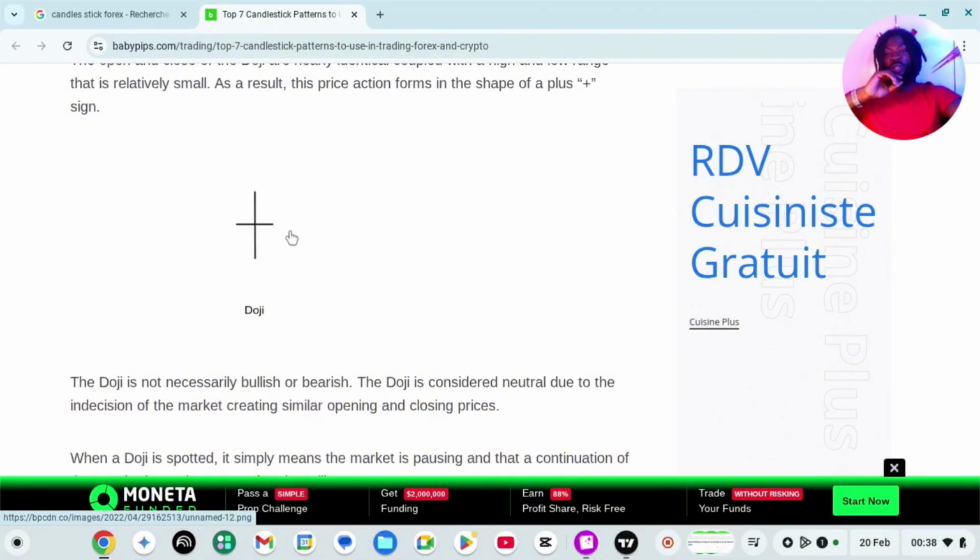Okay, the bulls and the bears are struggling. At the end of the day, nobody won. So when you see this doji, the story is telling us that nobody won, but we need to pay more attention to the next candle or next few candles that will open after this doji. All right, that's just it.